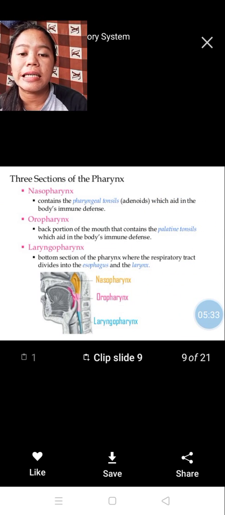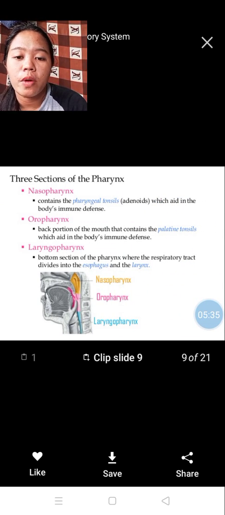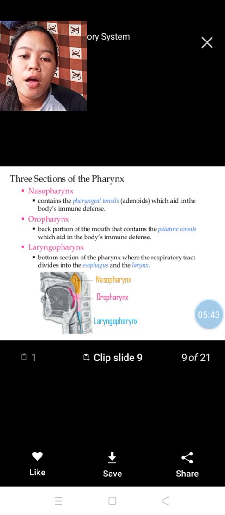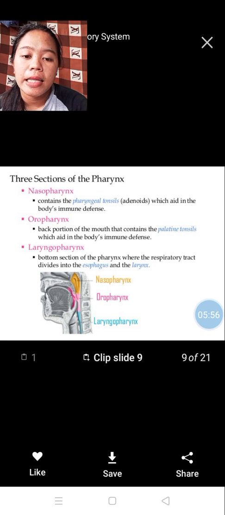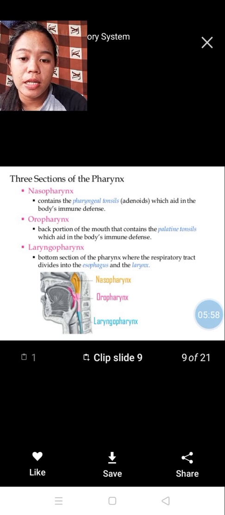So we have here the three sections of the pharynx. We have here the nasopharynx, oropharynx, and laryngopharynx. When we say nasopharynx, it contains the pharyngeal tonsils or the adenoids, which aid in the body's immune defense. Next is the oropharynx. It is the back portion of the mouth that contains the palatine tonsils.